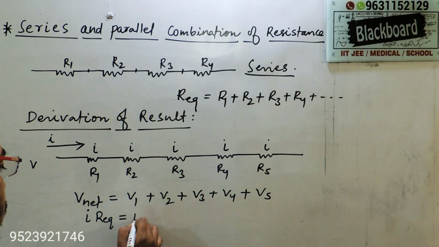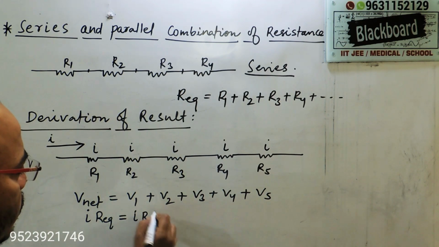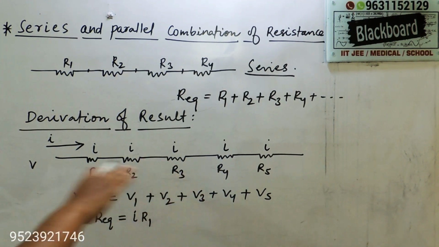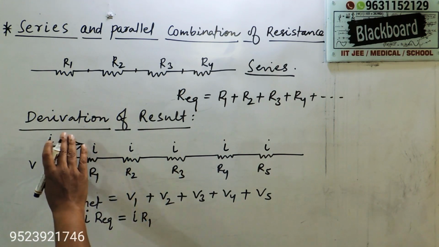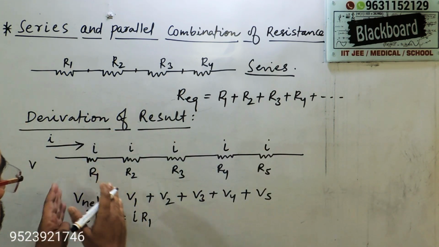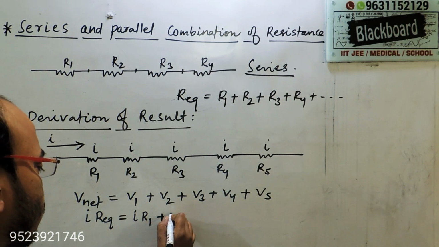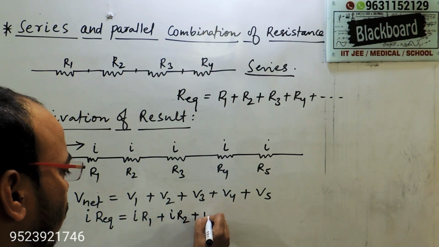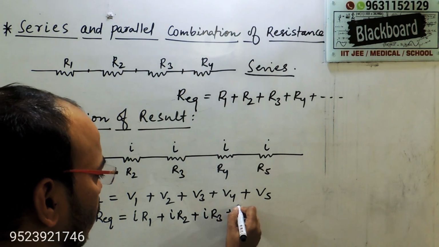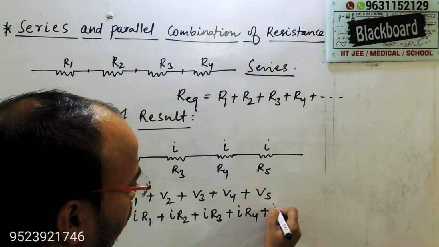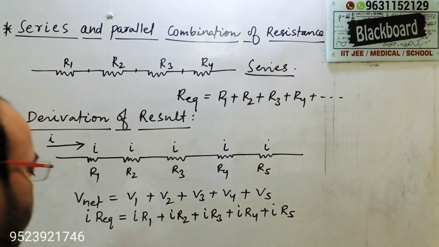V1 is here IR1. Current is the same in series combination. In series combination, current will be the same everywhere but potential will be different. Here IR1 plus IR2 plus IR3 plus IR4 plus IR5, and I is common.